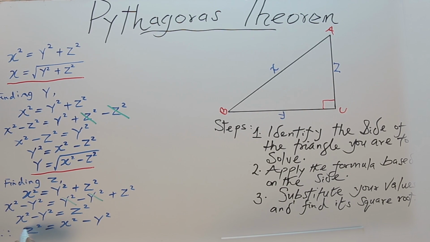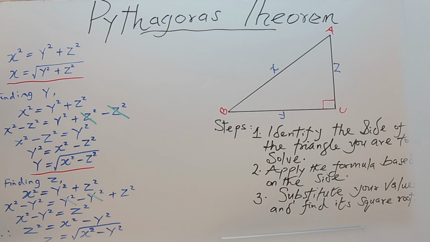To make Z the subject of the formula, we'll find the square root of both sides of the equation. We'll now have Z equals the square root of X squared minus Y squared.